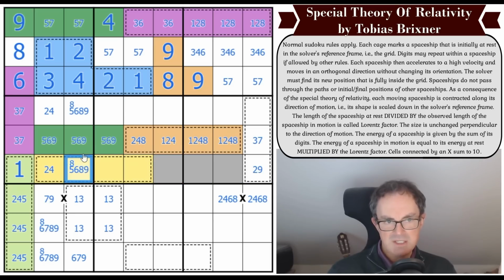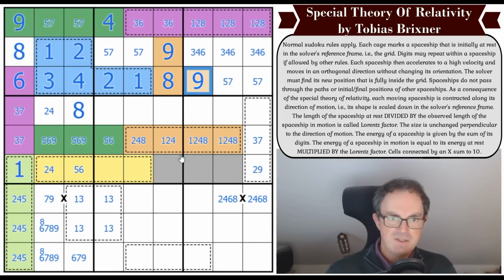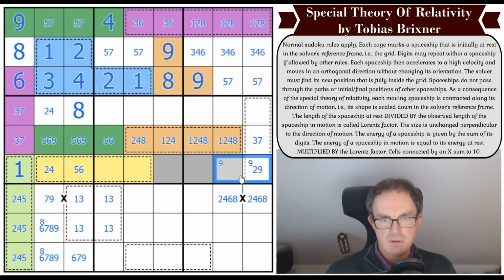Well, it means 8 only has 1 home, actually. That's one thing it means. That's certainly not 9. 9 is in these 2 squares, so this isn't 9. 9 is definitely in this domino, because it can't be in these squares.